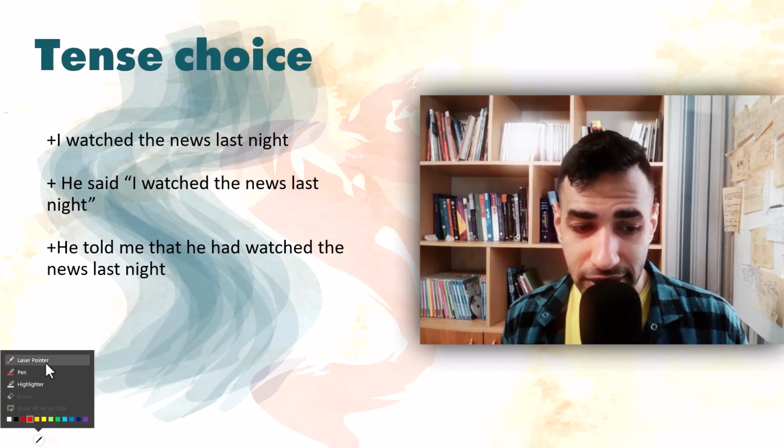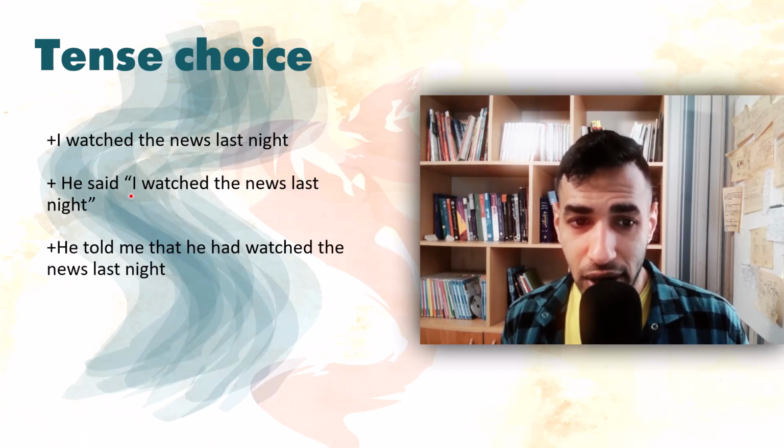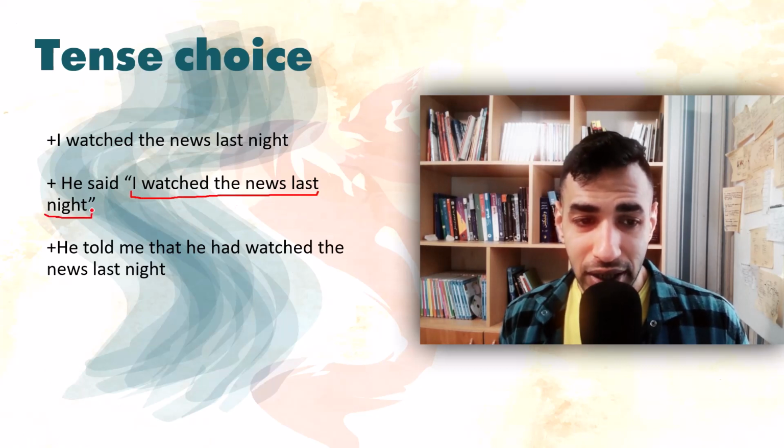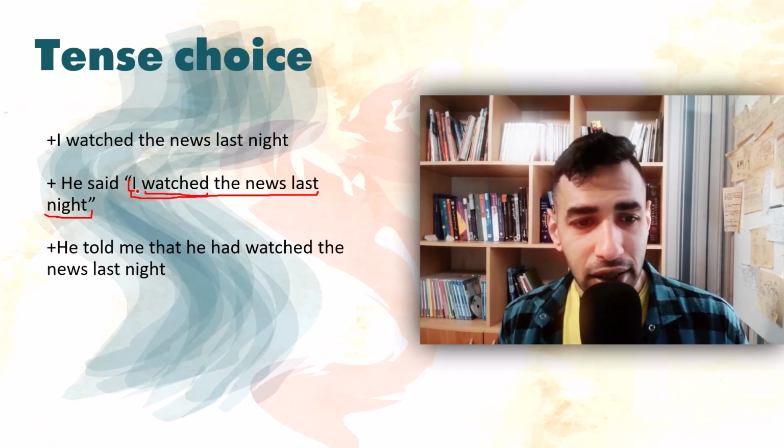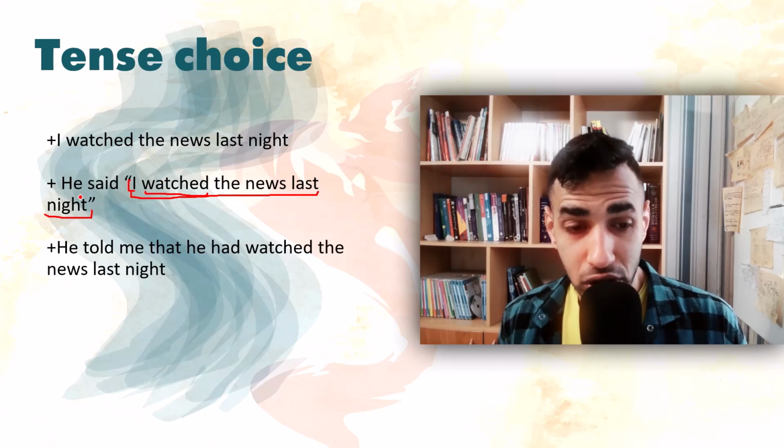Here, the second sentence is direct speech because we didn't change anything, not the pronoun, not the verb, not the tense. Now we want to change it to indirect speech.